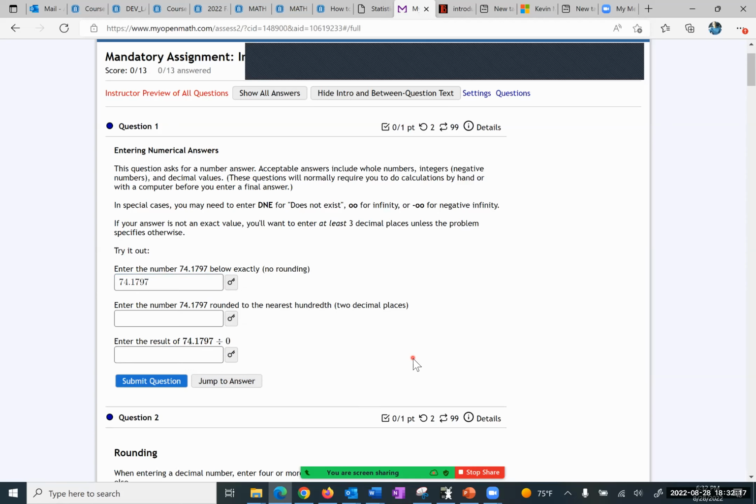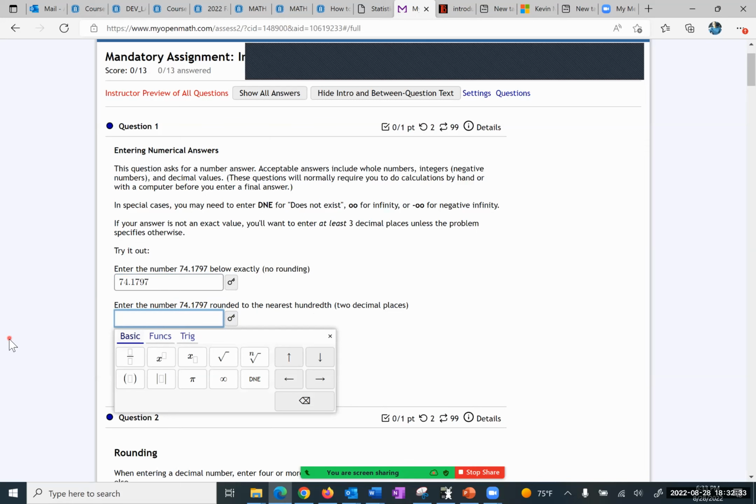Okay. The next one says enter this number, but you want to round it to the nearest hundredth, which means the second one, which is 7, and I look at the third one, which is 9, and I make a decision. So it becomes 74.1. Number 7 either remains or goes up. As you know, next to it, if it's 5 or larger, it goes up.